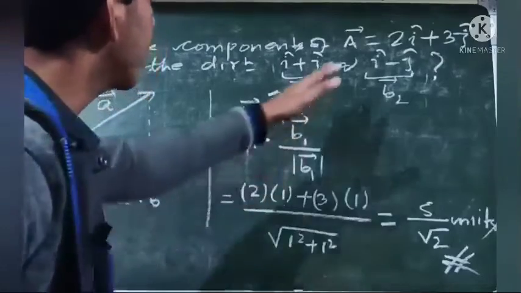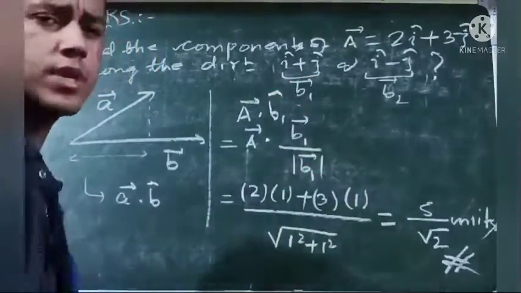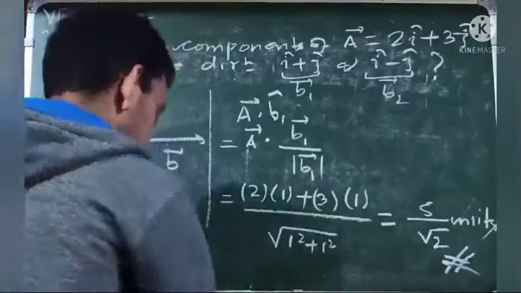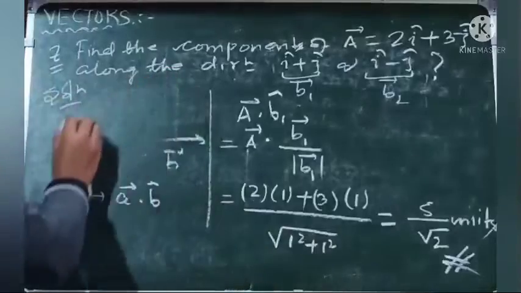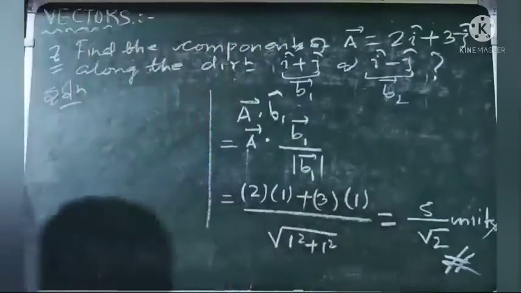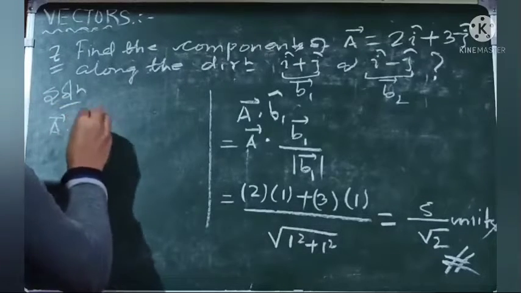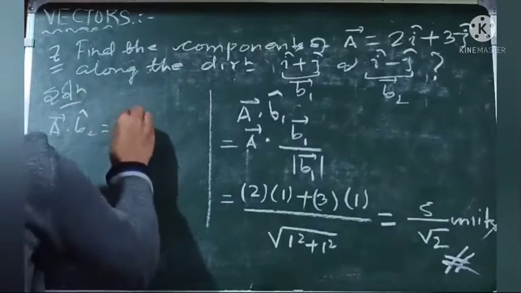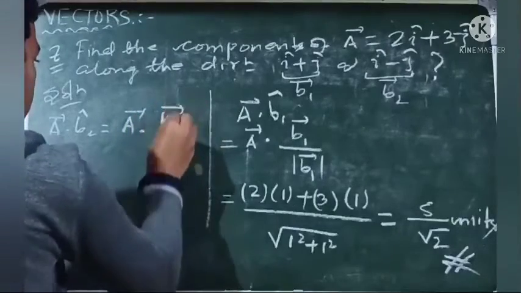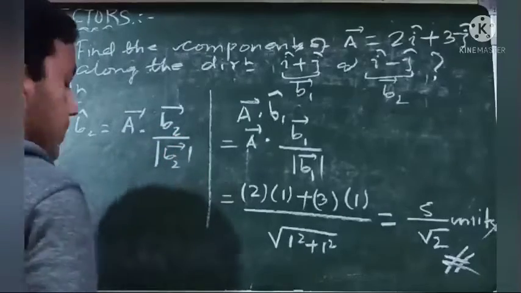Now, if we are to find the component of a vector along b2 vector, then we have to do the similar thing, that is a vector dot b2 cap. Let's write the answer on this side. A vector dot b2 vector divided by magnitude of b2 vector.